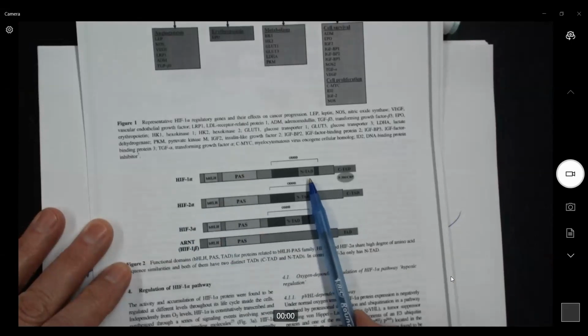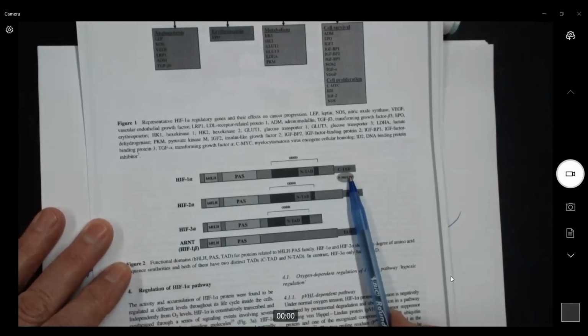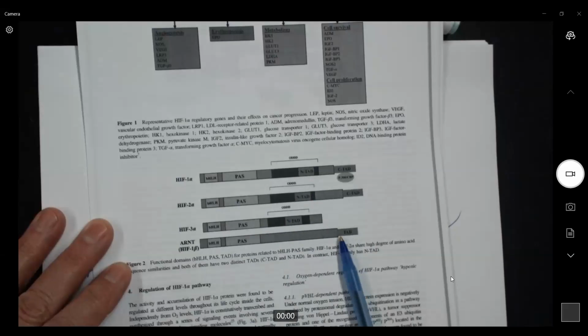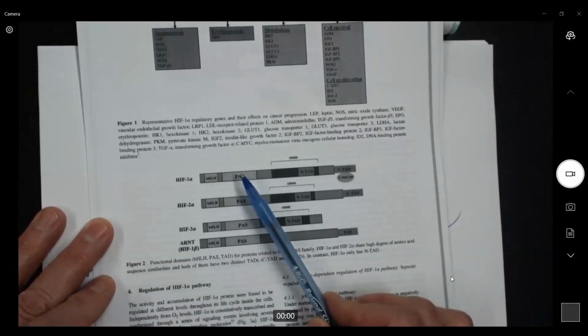So you have your basic helix-loop-helix at the amino terminus. Then you have your PAS domain here. Then these are called TADs, meaning transcriptional activation domains. So you have an N-terminal TAD and a C-terminal TAD here, and these are different groups of these. You have these transcriptional activation domains at the C-terminus, and then the PAS is more towards the center. At the amino terminus, you have the basic helix-loop-helix domain here.